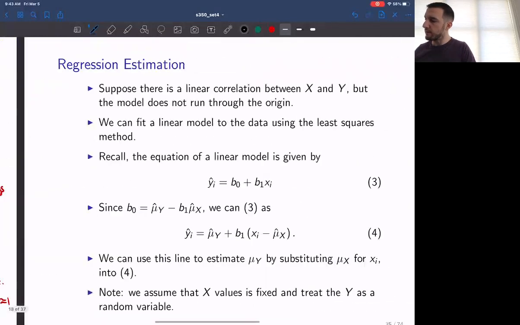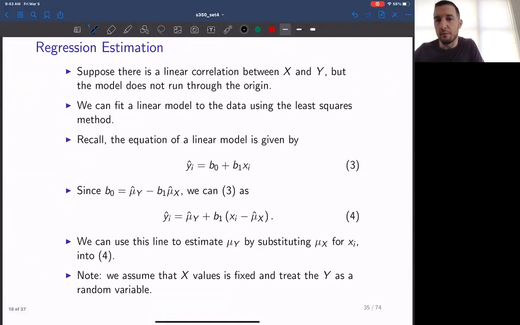So regression estimation is basically just an approach that we utilize to find an estimate of, say, the average when the linear relationship has a real y-intercept. So you have x and y that are linearly correlated, but the intercept of that fitted line would not pass through the origin. Okay, so this is just a simple adaptation of ratio estimation when you don't have a line going through the origin.